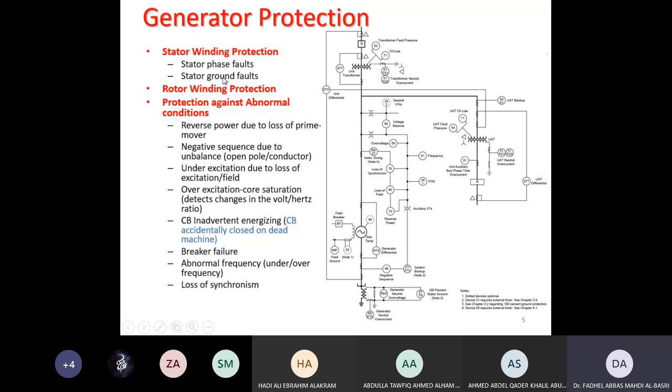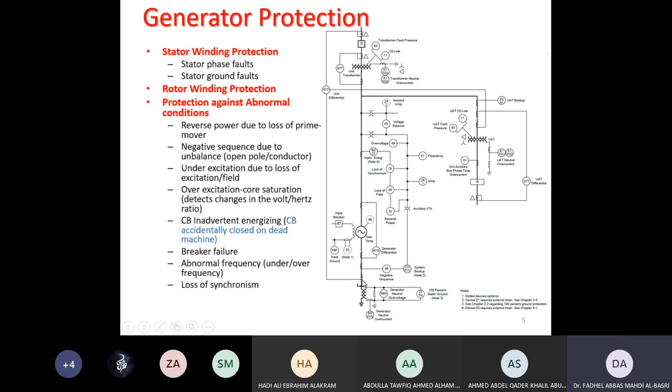For stator phase and ground faults, I could use differential protection. This is the generator, and this is its transformer. This is the star point of the generator, and this is a grounding transformer, which is connected to the ground through a neutral grounding resistance.